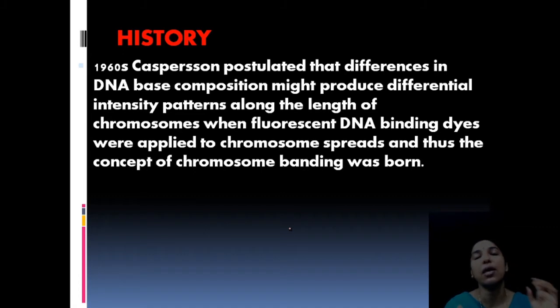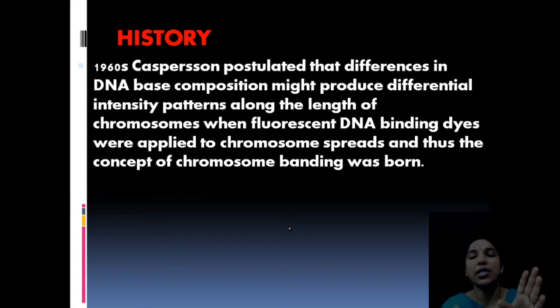So, when you apply fluorochromes, a dye that will give you color when exposed to fluorescent light, and you observe, you can see some distinguishable parts, or certain variations in the intensity patterns in the chromosome. So, this is actually the basis for chromosome banding. From here the concept of chromosome banding was born.